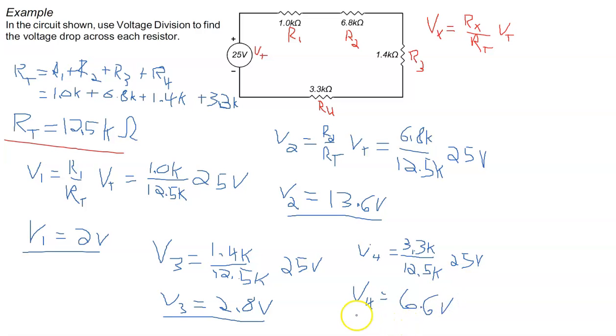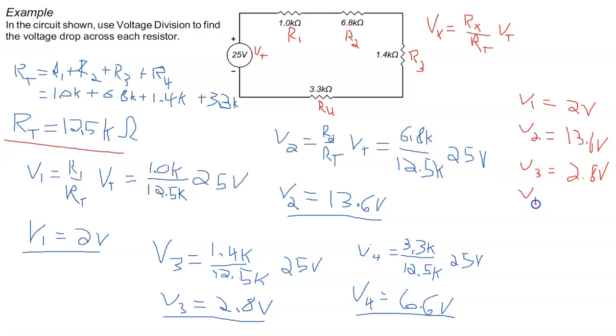and come up with V4 has a value of 6.6 volts. And again, it's always good to verify that KVL holds, so you know you don't have any mistakes. So for V1, we had 2 volts. For V2, we had 13.6 volts. For V3, we have 2.8 volts.